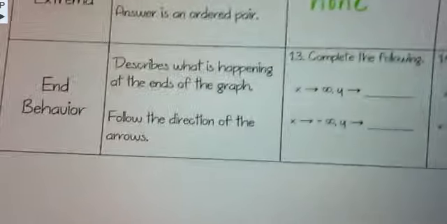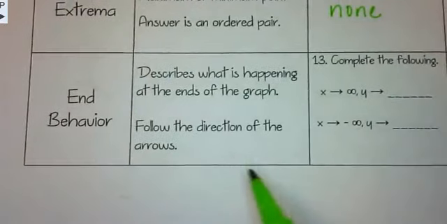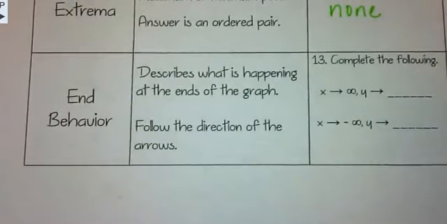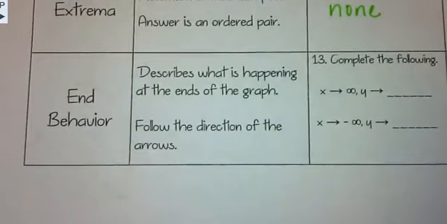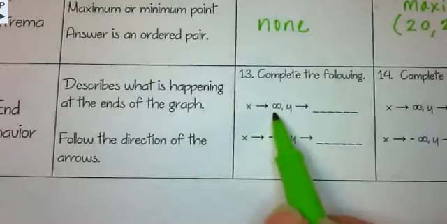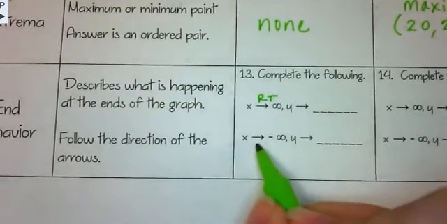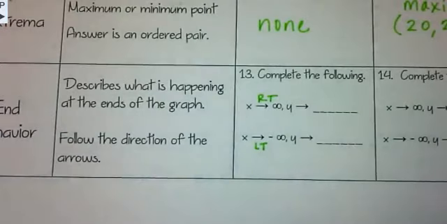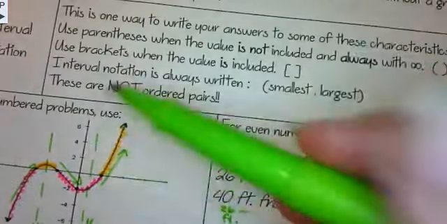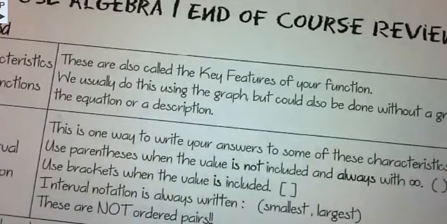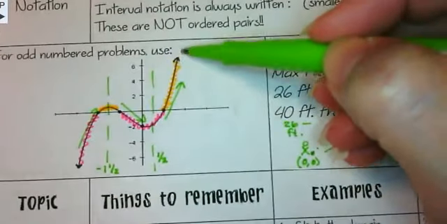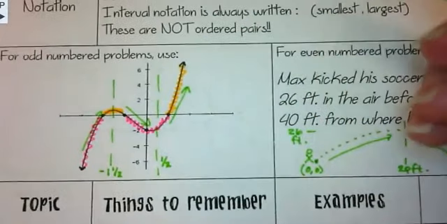All right, I'm going to quickly get end behavior in here. This is talking about what's happening at the ends of the graph. So if we were to follow the arrows, where are they going? This is the right side because this is saying x is positive. This is the left side because it's saying that x is negative. So on the right side of the graph, our right arrow is going up, and it's going to continue to go up forever.